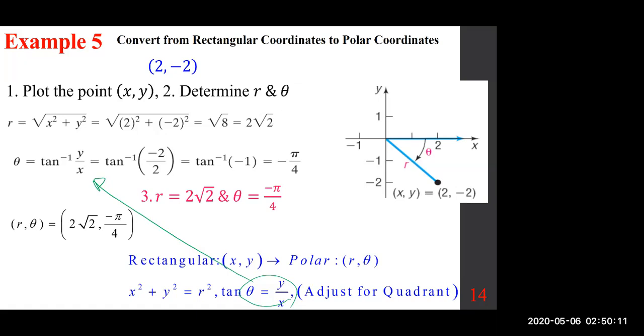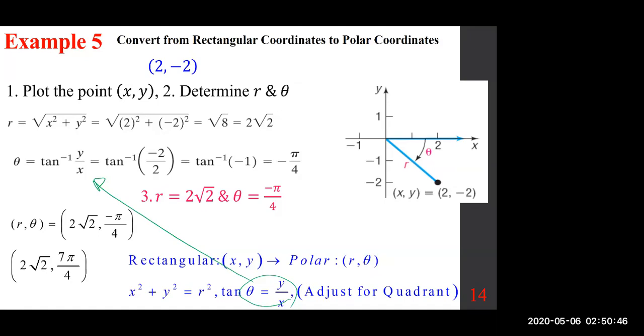However, what if we want to use, let's say, a positive angle? Or what if we want to use negative r? If we want to use a positive angle, we just add 2 pi to negative pi over 4. If we want to use a negative r, we change it to negative 2 square root of 2, and then we add pi, or odd multiples of pi, to negative pi over 4.